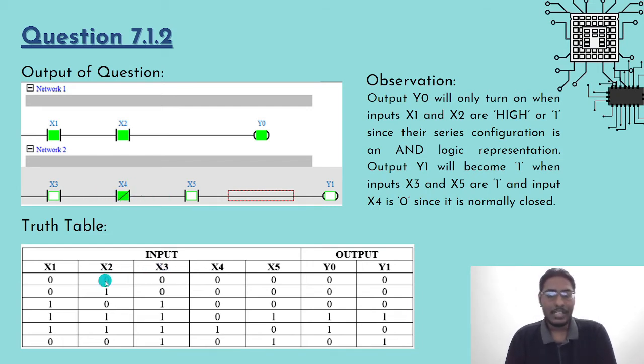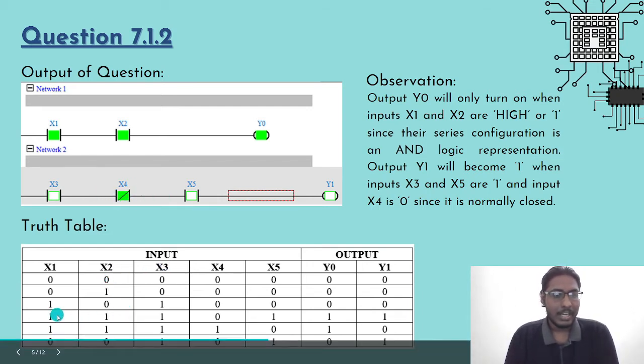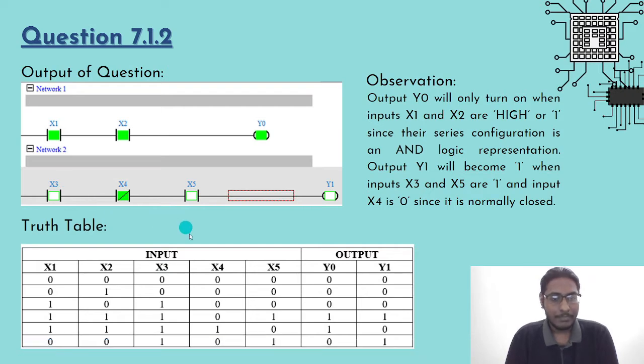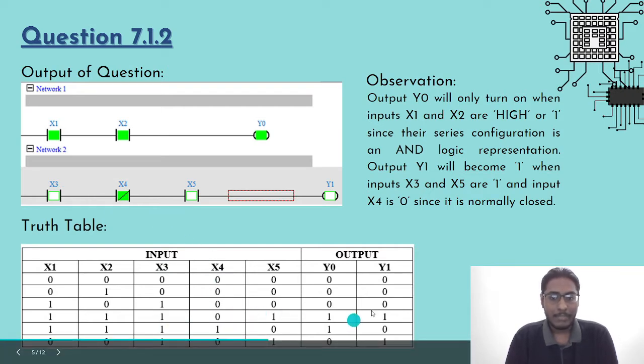You can see from the truth table here that when x1 and x2 are on, y0 will become 1. For network 2 to be on, x4 will remain at 0, hence y1 will turn on when x3 and x5 are 1 and x4 is 0 right here. We can also show an example where y0 is the only one on, which is when x1 and x2 are 1.